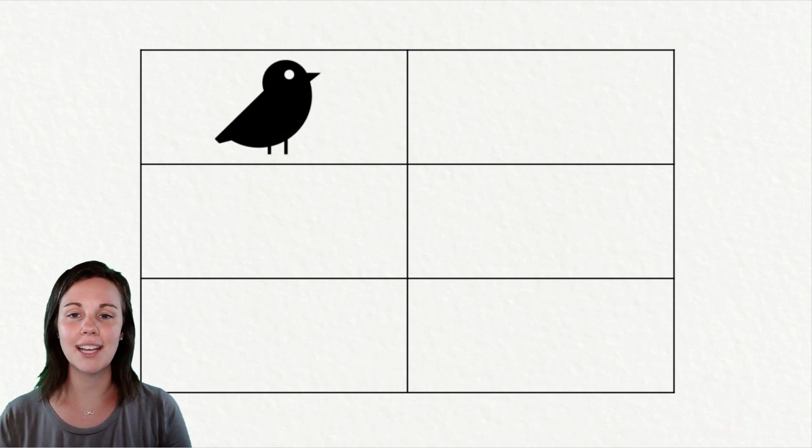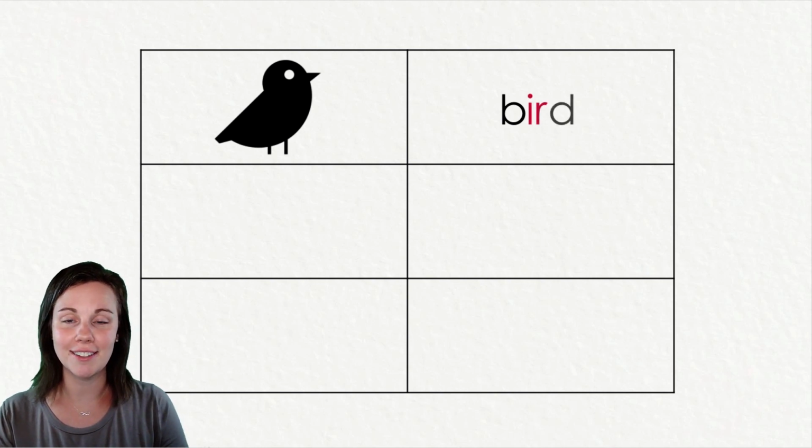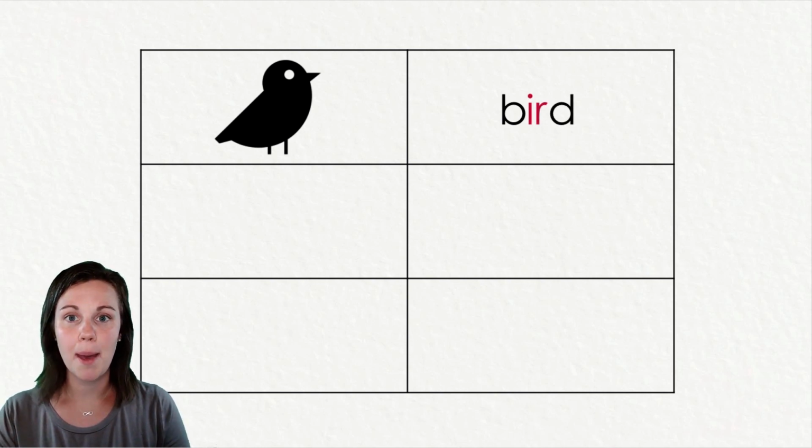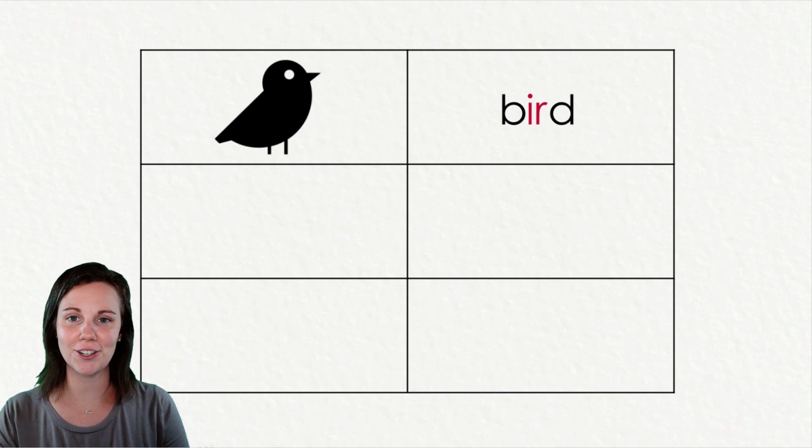The first word is bird. Listen to that sound and write it out. Bird. Spell it with me. B-I-R-D. IR is making our sound.